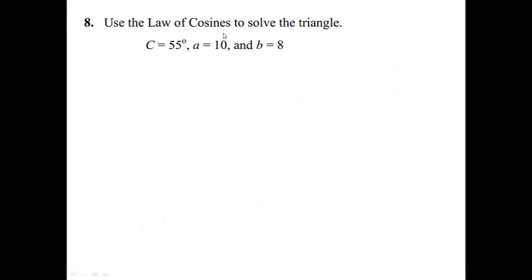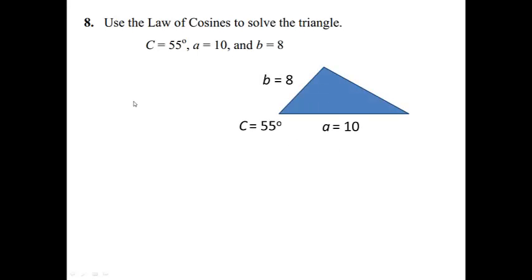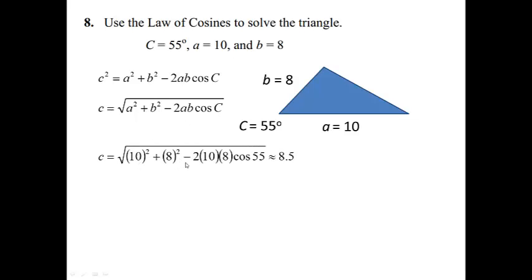Number 8, again using the law of cosines. This time we're not side, side, side, so we have to use a slightly rearranged formula for that one. So we're going to use this formula here. Still law of cosines. So that's really just taking the square root of both sides so I can find C. And just putting all the numbers in here, I get 10 squared plus 8 squared minus 2 times 10 times 8 times the cosine of 55 degrees.